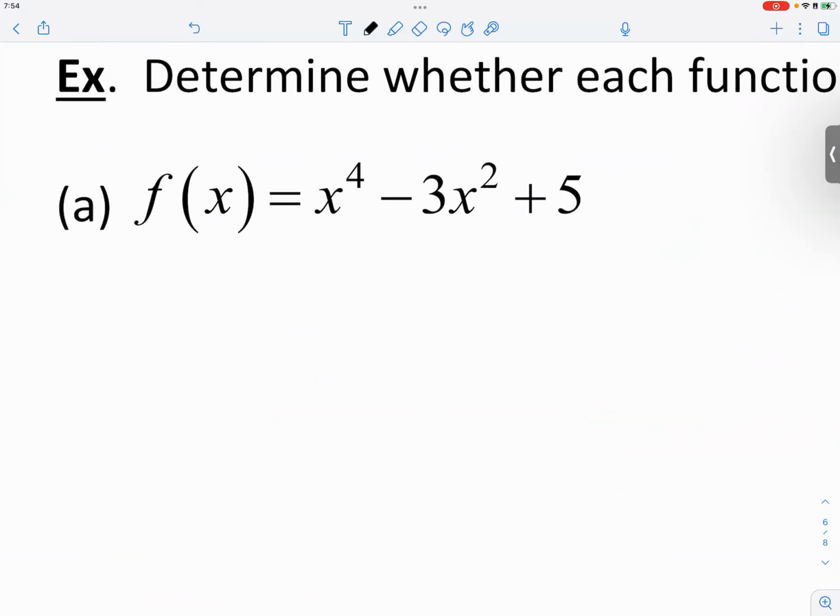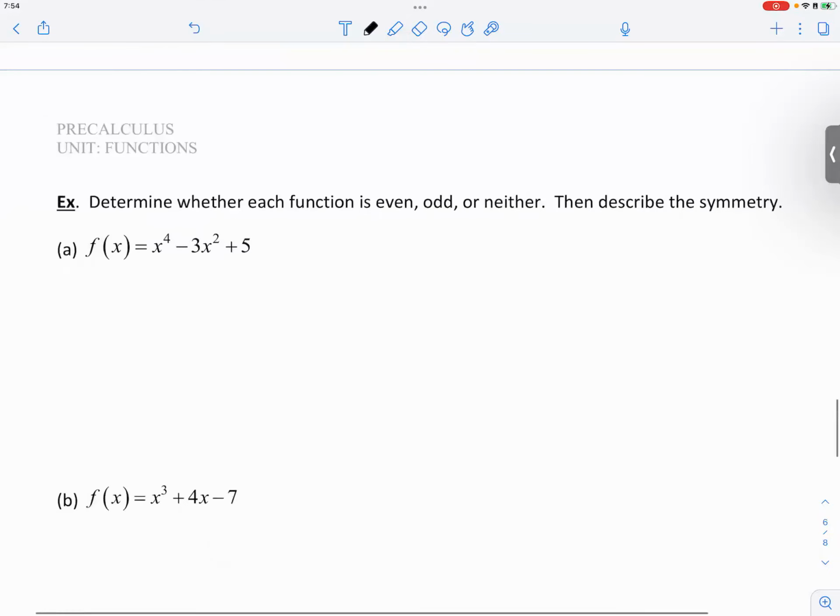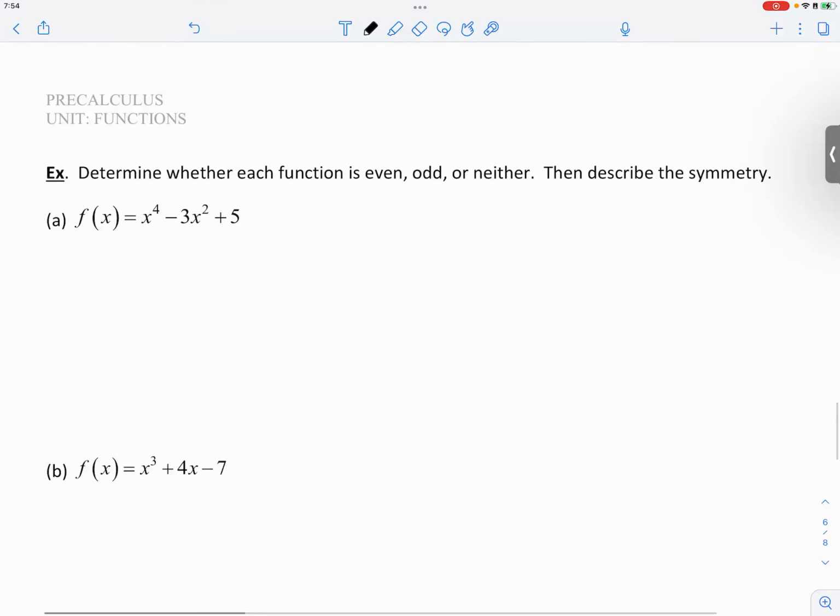Something like that, okay? Now, why would I make that decision? Well, if you look at all the exponents, they're all even numbers. So I thought that the way you judge whether it's an even function or odd function is just by looking at the exponents. It's not that, okay? So I'm going to show you how to find out if a function is even or odd.